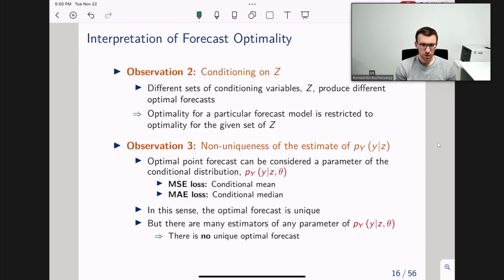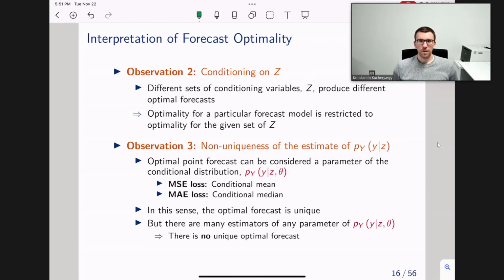And so in that sense, ultimately there is no unique optimal forecast, because any forecast will depend on features of the distribution that we need to estimate. The estimates are different. So in the population there is a unique optimal forecast, but at the end of the day, we deal with our sample.